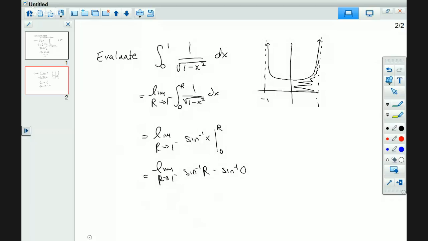Okay, remember, when you're evaluating inverses, it's going to give you an angle measure, right? So think here, if this is a no calculator problem, where does sine give you 1?